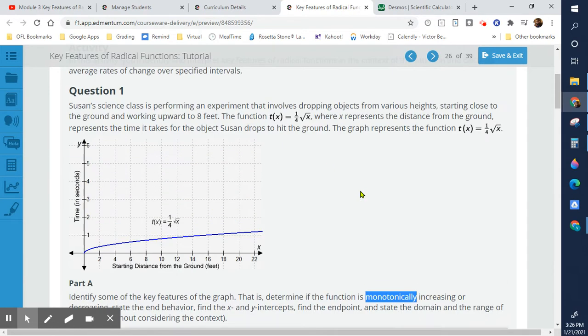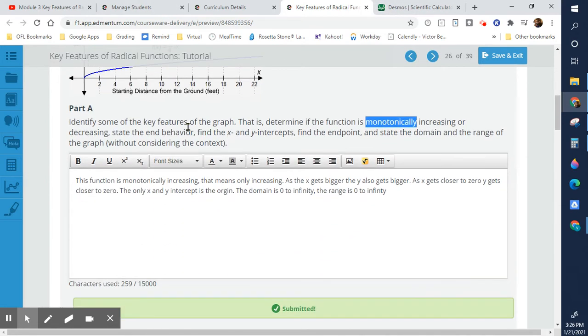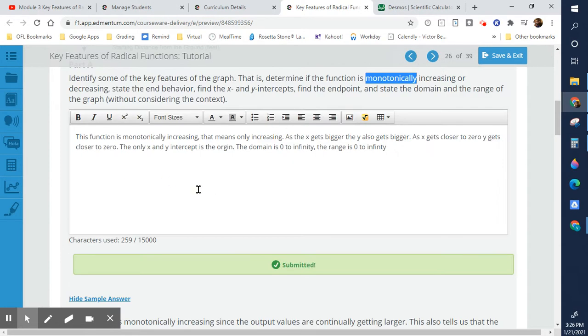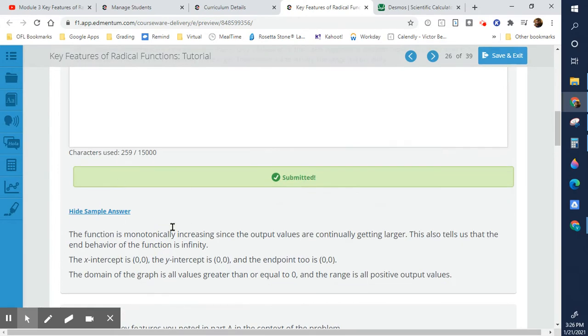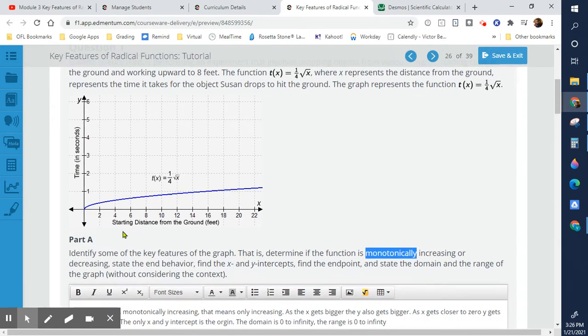So in this case, they're saying let's talk about the actual question itself, which I hardly ever read. So it's a good thing that they reminded me, don't just answer the question, figure out what we're talking about here. So a science class is performing an experiment that involves dropping objects from various heights. This is the seconds and this is the height starting from the ground.